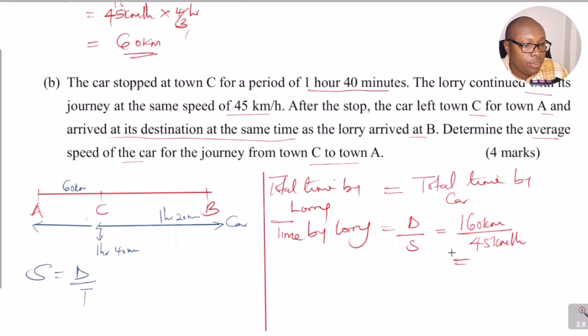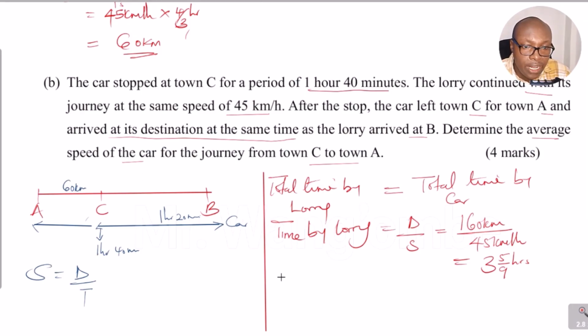So 160 divided by 45 gives 3 and 5 over 9 hours. That is the total time taken by the lorry, and that is what is going to guide us, because the car has to spend that time from B to A.